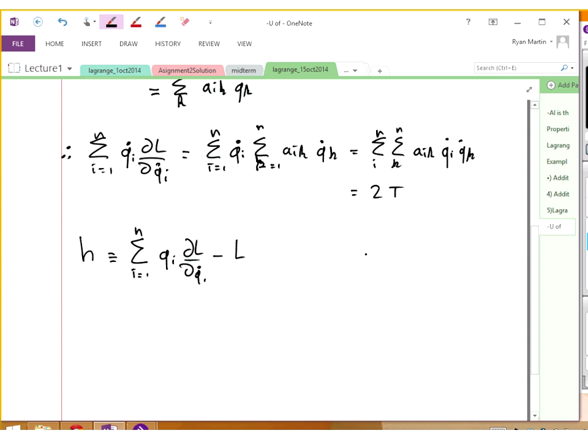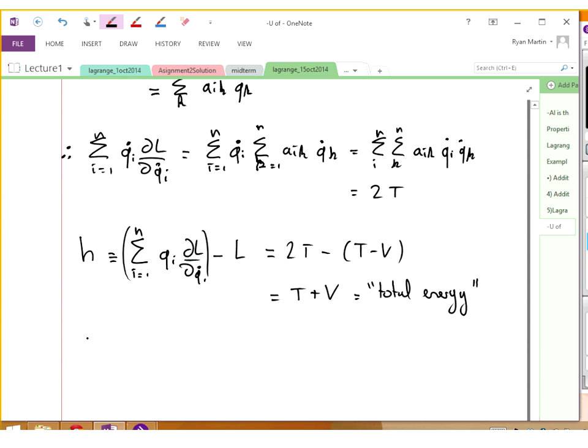We just calculated this first term to be equal to 2T, minus L, and L is T minus V. So 2T minus T minus V is equal to T plus V. So the kinetic energy plus the potential energy is equal to the total energy.